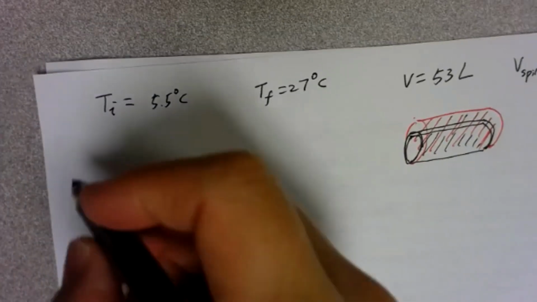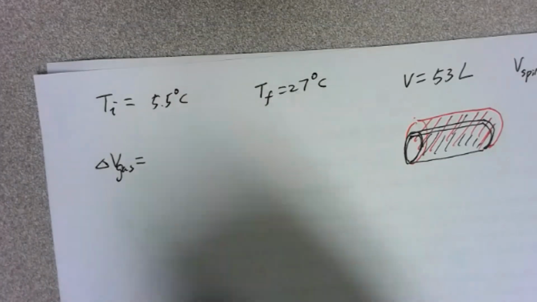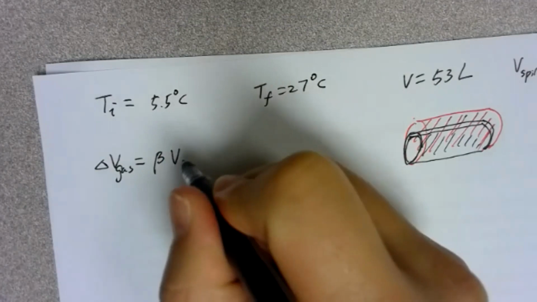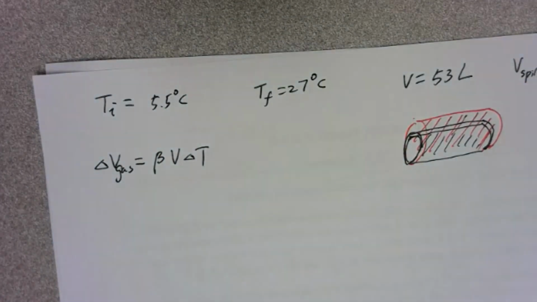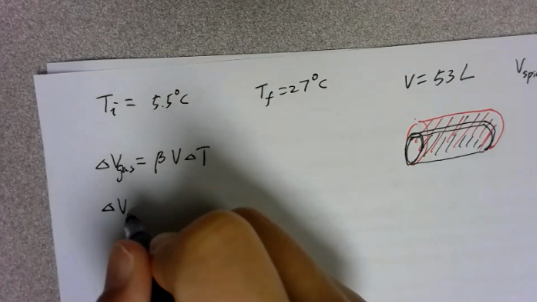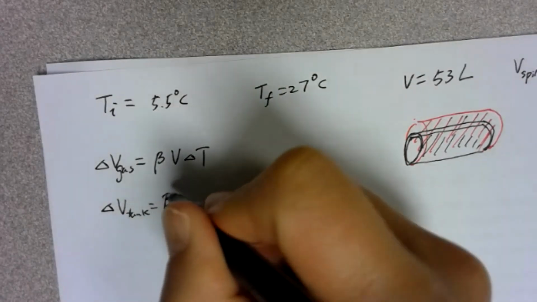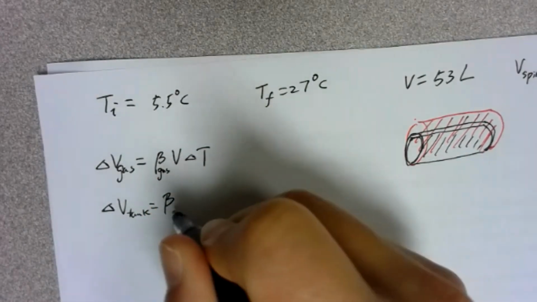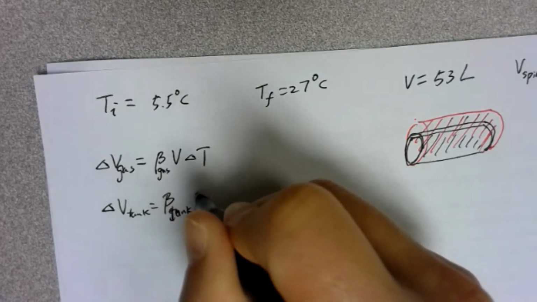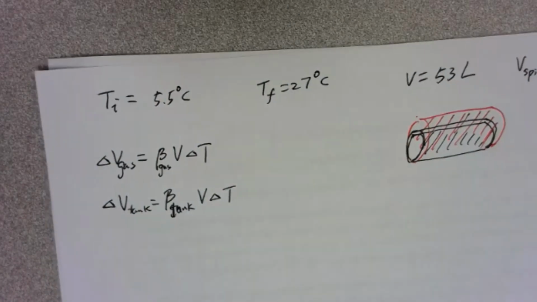So we can calculate delta V of the gas. According to the equation, that will be beta times V original times delta T. And then for delta V of the tank, it will also be beta times V delta T. Now this is gas, this is tank.